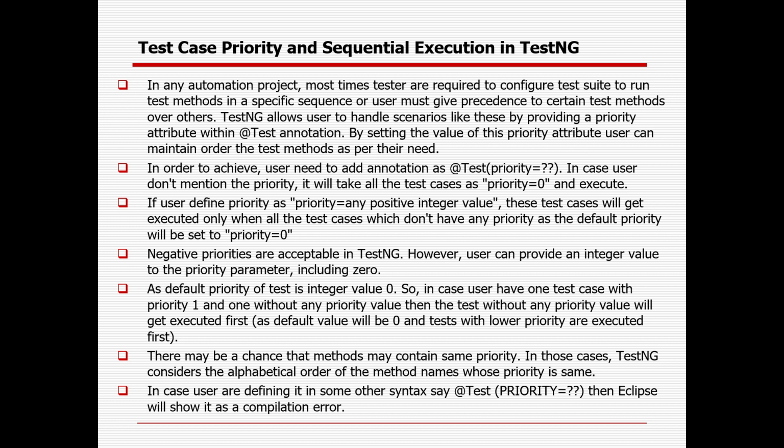If I go by alphabetical order, adding the product will come first and get executed first. But what problem will happen? Unless you launch the URL and log in, there is no point in executing. So it will fail all the test cases, because they execute in alphabetical order. To avoid the failure, we need to go for prioritization.